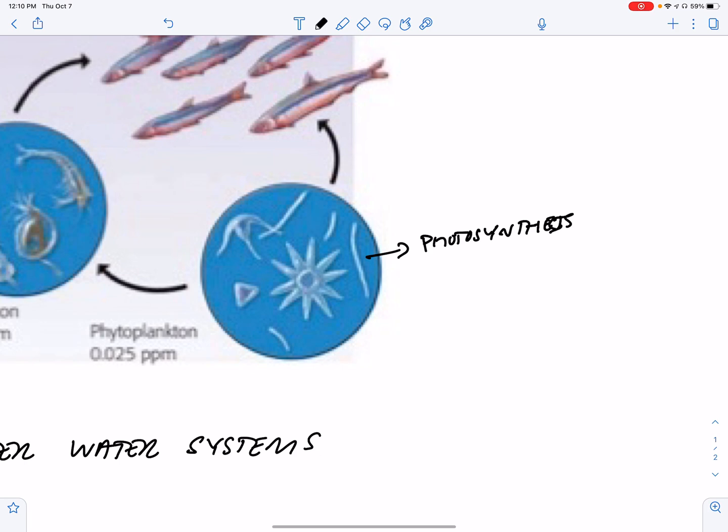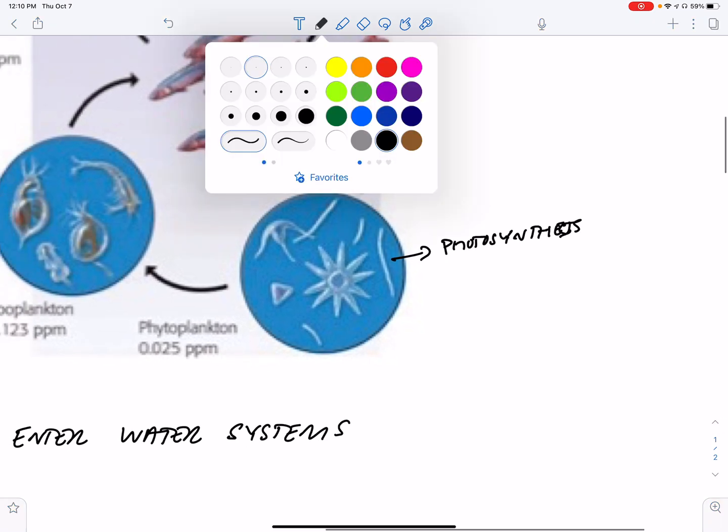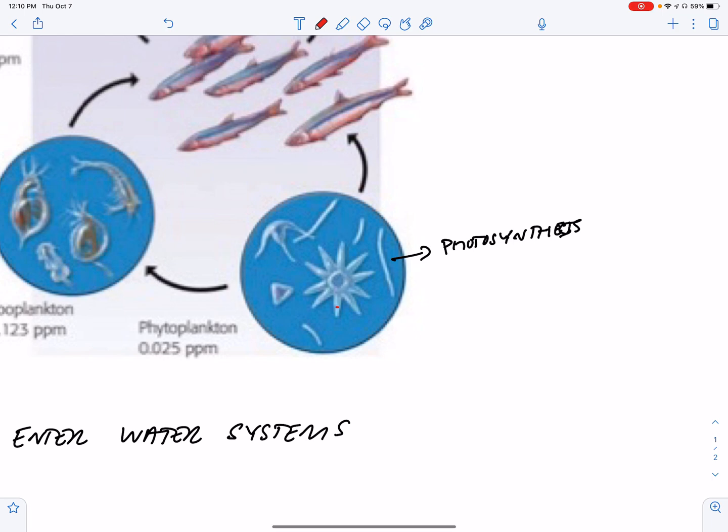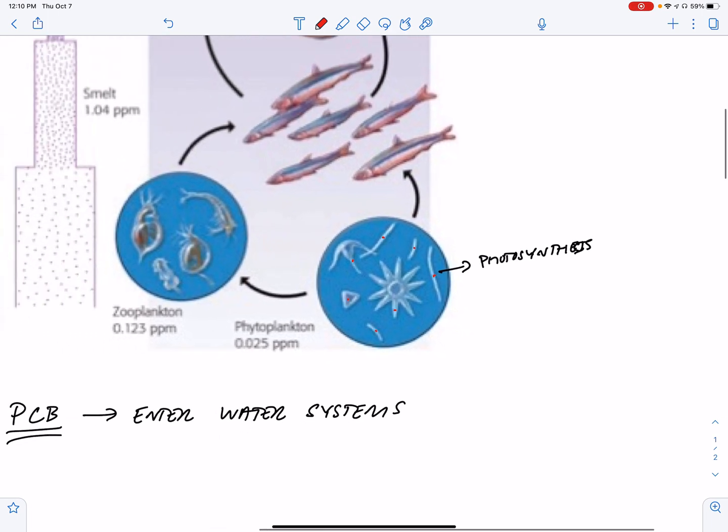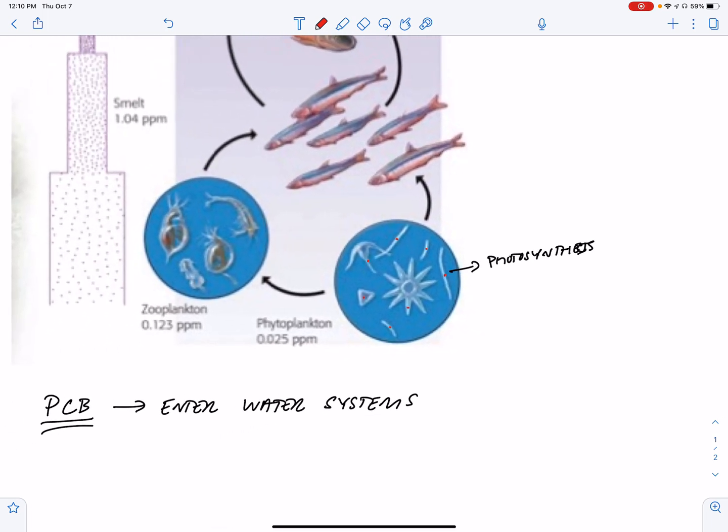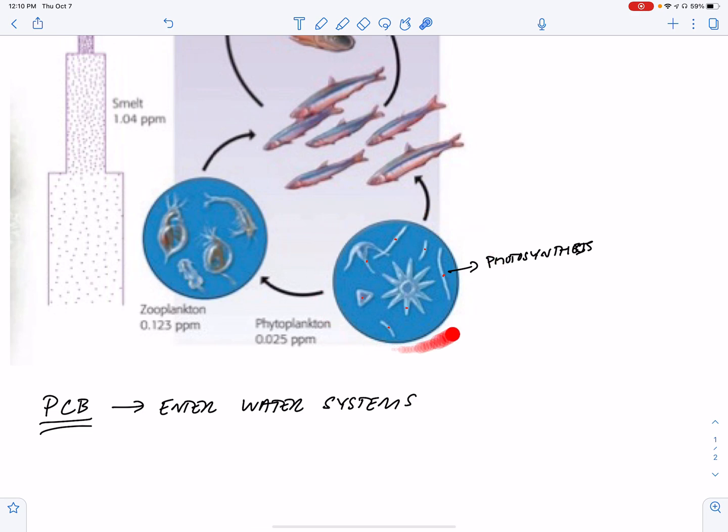And they can take up very small concentrations of PCBs, and they remain in the bodies of these organisms throughout their lifespan, but they're such low concentration that they don't necessarily do a lot of damage to these phytoplankton.